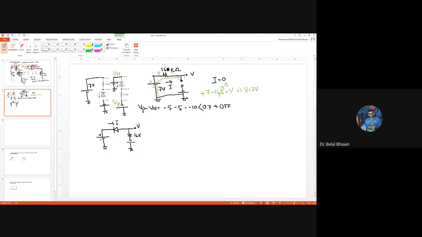Again, we learned the diode is what? Reverse biased. So if the diode is reverse biased, I is equal to 0. And it is 5 volt. So what will be V?